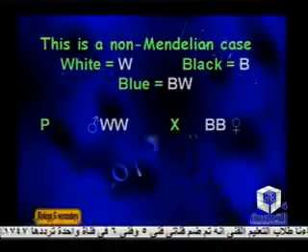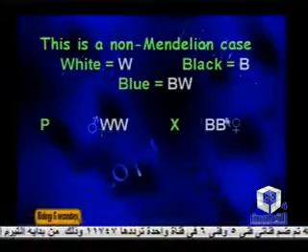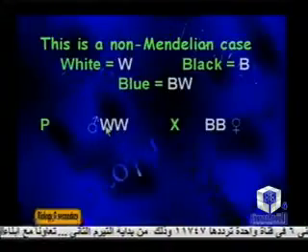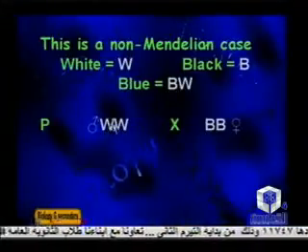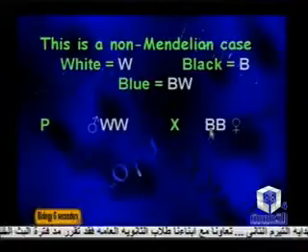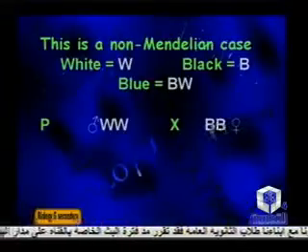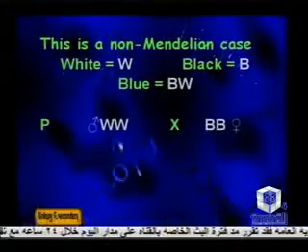For the first generation, when the parents are WW, which represents the white, and BB capital, which represents the black one, and they are crossed together, the gametes are W capital and B capital.